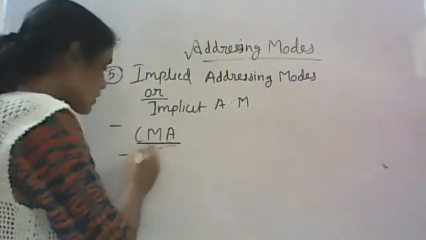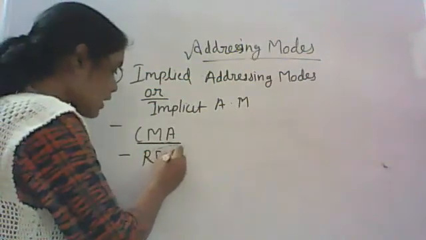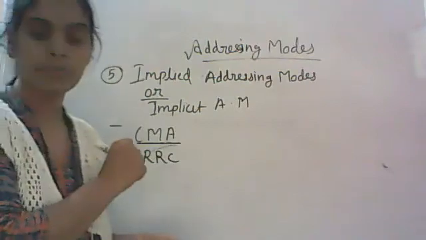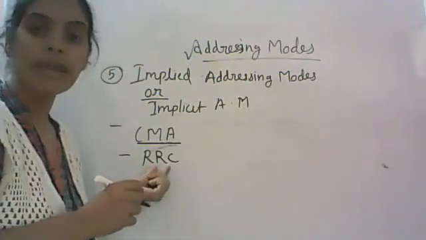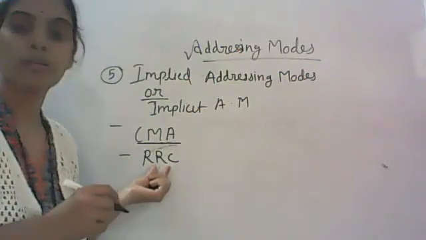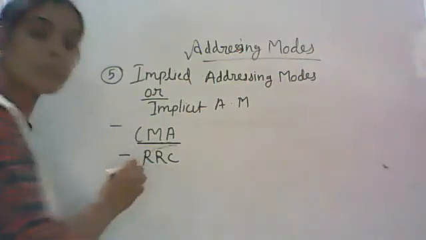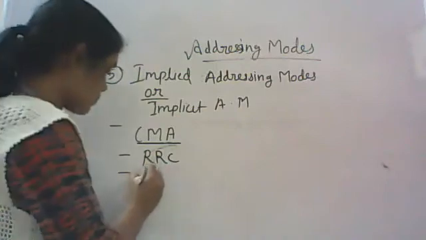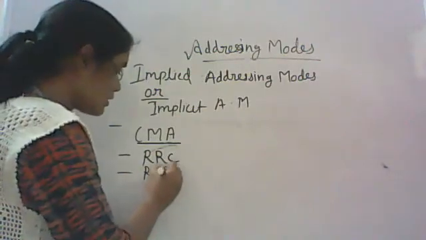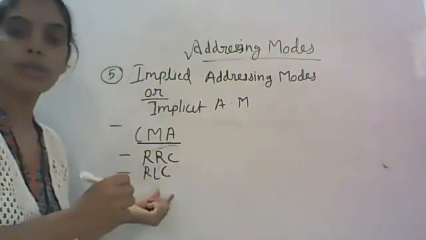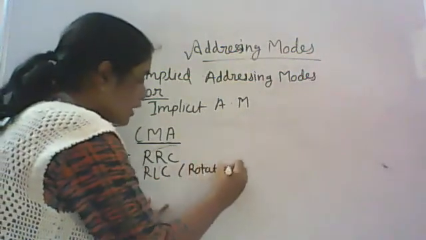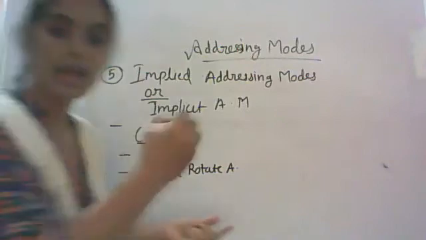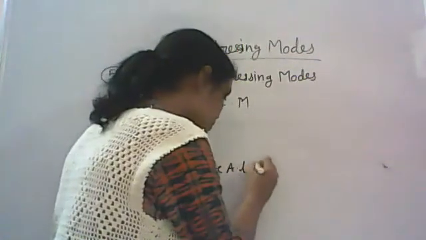Now we see another example, that is RRC. Rotate accumulator A right by 1 bit. Same here, RLC. In this instruction, rotate accumulator left by 1 bit.